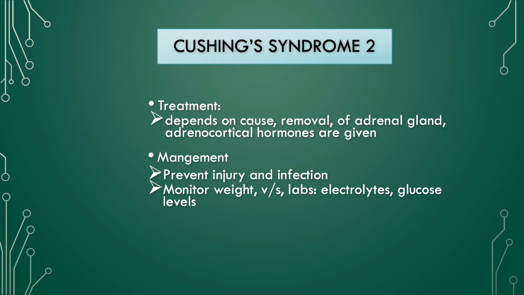Adrenocortical hormones are given as substitutes. It is important to prevent injury and infection in these patients. The weight as well as vital signs must be monitored, and the laboratory findings, electrolytes, and glucose levels are constantly monitored.